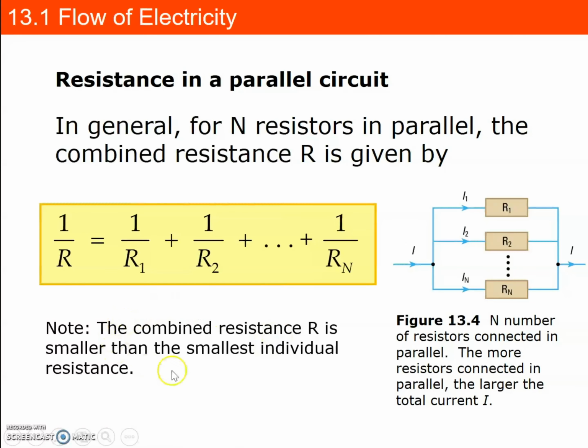And you find that the combined resistance R here will be smaller than the smallest individual resistance. You can plug in some values and try out the formula and see for yourself. The more resistors that are connected in parallel, the smaller the combined resistance R, so the larger the total current I, completely opposite of what you have in the series circuit.